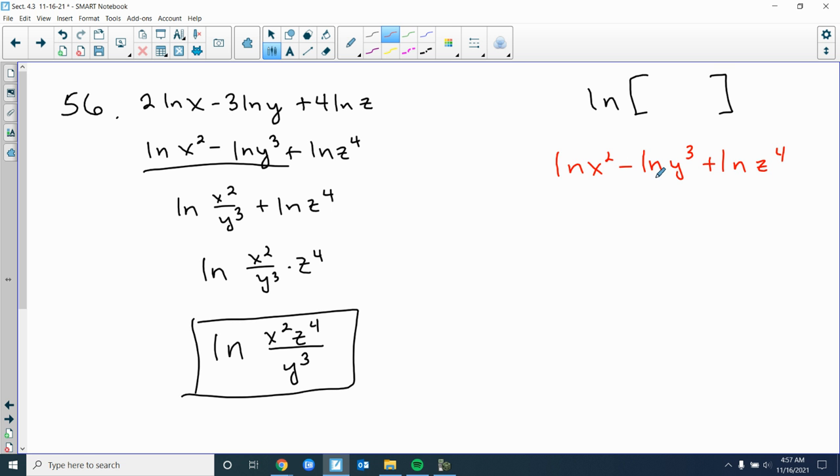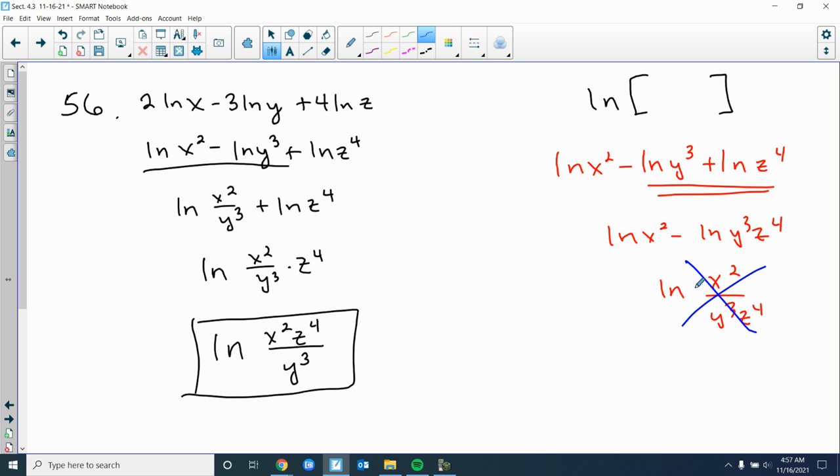Some people just look at it and instinctually say, I'm going to do the addition first. So do natural log of y cubed times z to the 4th, and then you say, all right, that's a subtraction, so I'm going to take the first part divided by the second part. When you do it this way, you end up with the z to the 4th in the denominator. And if we do it correctly, the z to the 4th has to be in the numerator. So follow your order of operations: subtract before you add.